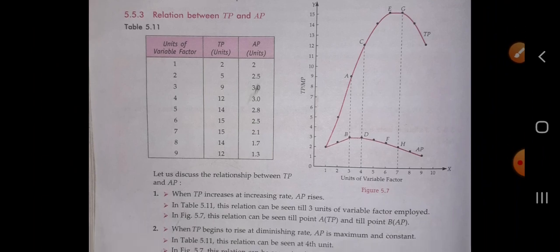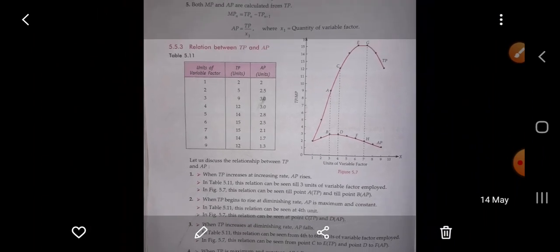So let us discuss the relation between the TP and AP. When TP is increasing at increasing rate, AP rises. First of all, see the schedule. Here we are seeing that the TP continuously increases: 2, 5, 9, 12, and AP rises: 2, 2.5, 3.